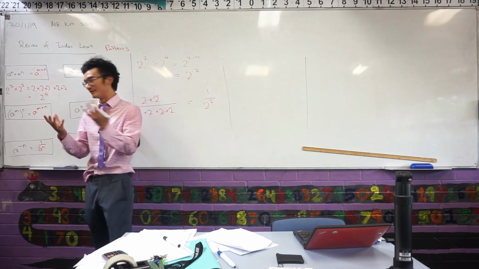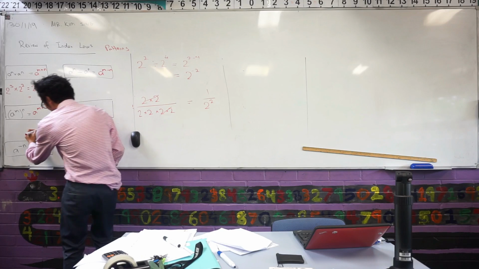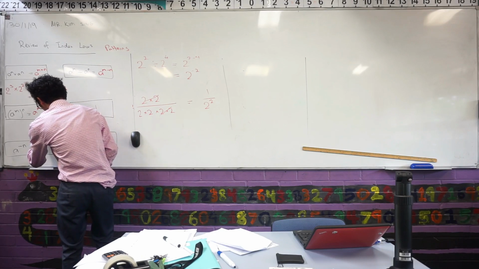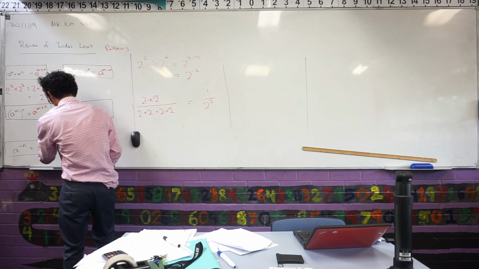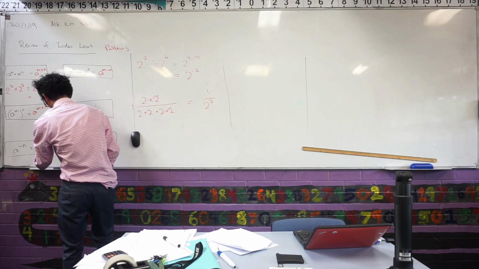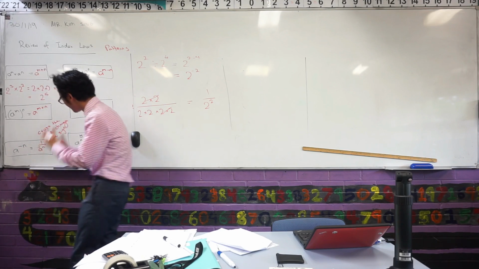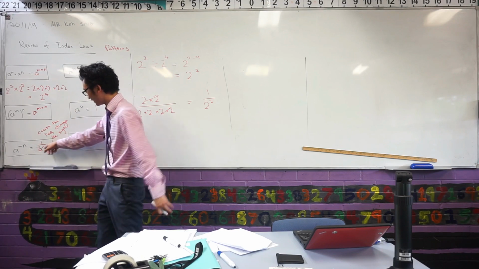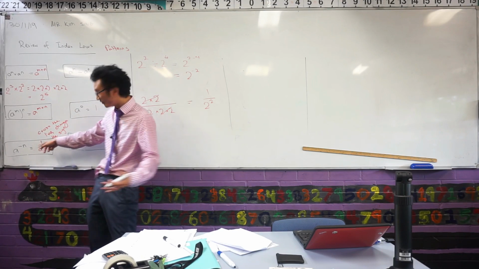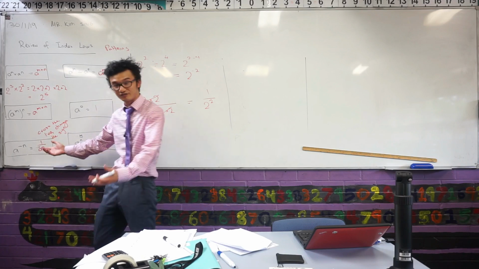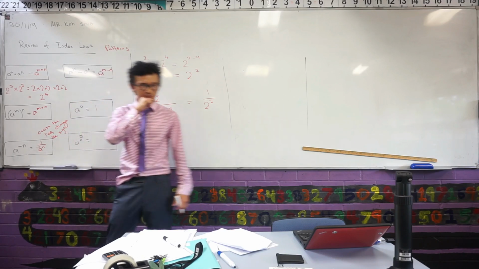Another way that some people memorize that is that they say cross the line and change the sign. So it's basically saying, we cross the line, we put it on the denominator if it's on the numerator. So we've created a fraction, and we've made that index positive now.